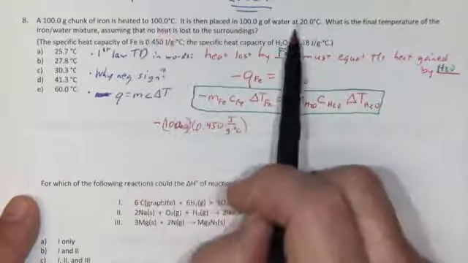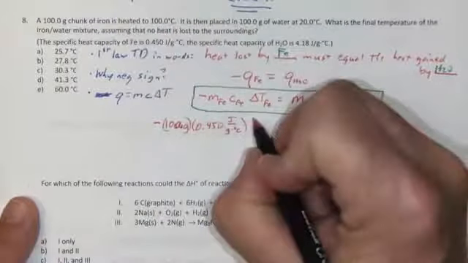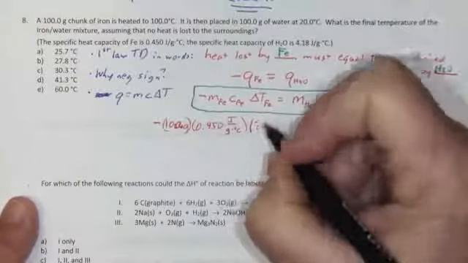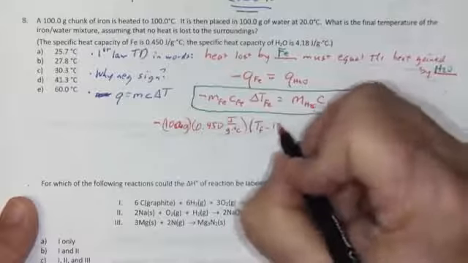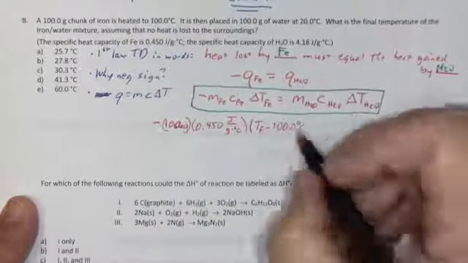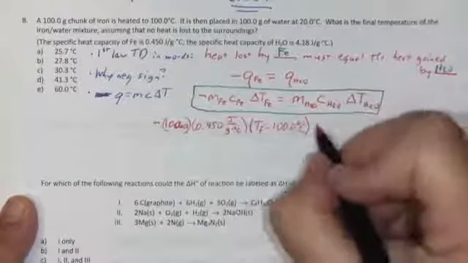So the final temperature is what we're looking for. The final temperature, T sub F, minus the initial temperature, 100.0 degrees C. That's what we'll have on this side of the equation.